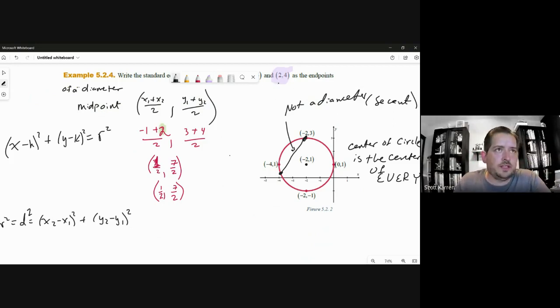So I'll put those values in. I'm going to say that the point (2, 4) is x1, y1. And this center point, (h, k) = (1/2, 7/2), is x2, y2.